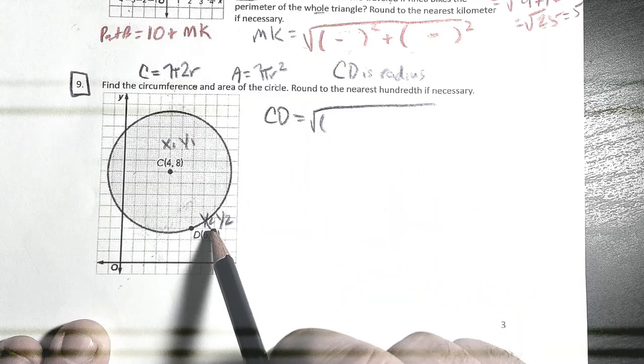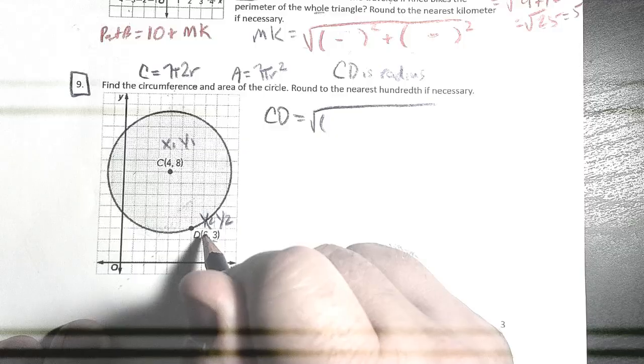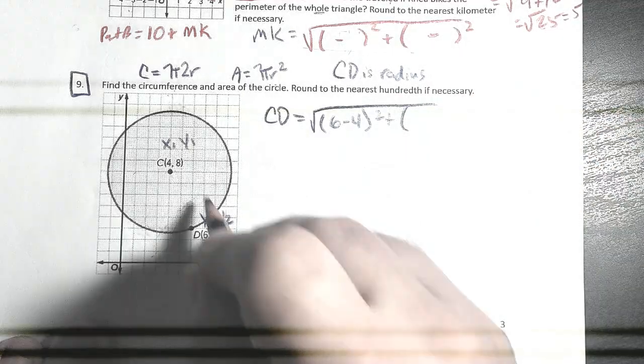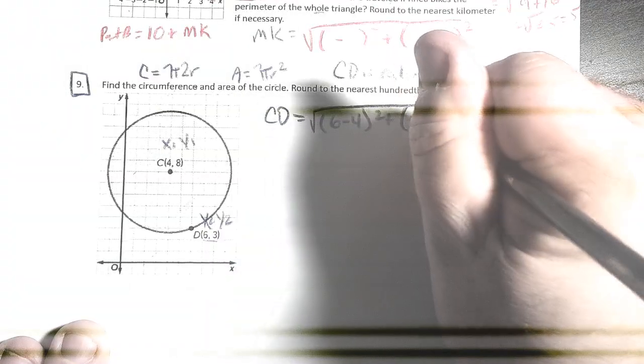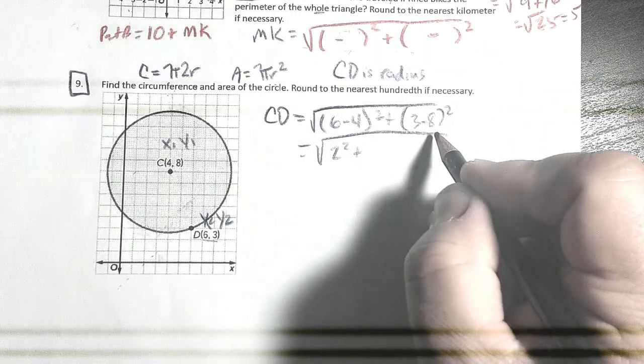All right, so the x's are 6 and 4, so 6 minus 4 squared, plus the y's are 3 minus 8 squared. All right, so 4 minus 6 is 2 squared, plus 3 minus 8 is negative 5. Negative 5 squared, I'm just going to go ahead and do that because it's 25. 2 squared is 4.